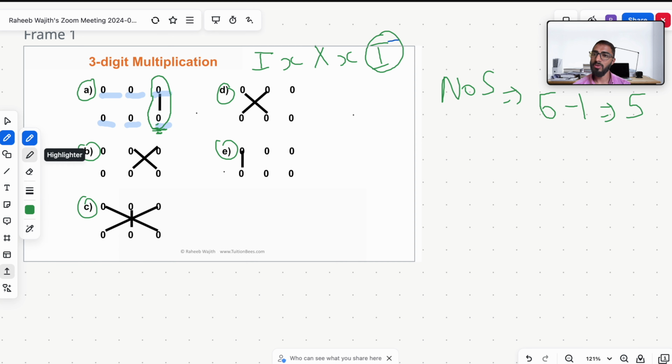Now coming to step number 2, we take these two grids. We cross multiply this with this and this with this. That completes step number 2.